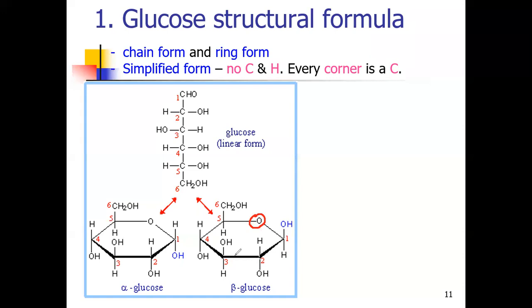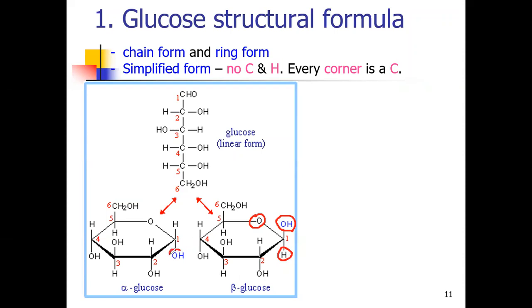Now, for every corner carbon, there's one OH and one H attached to it. So when you draw the ring form of glucose, you need to include all the H and OH attached to each carbon. Therefore, you need to memorize the location of the OH.